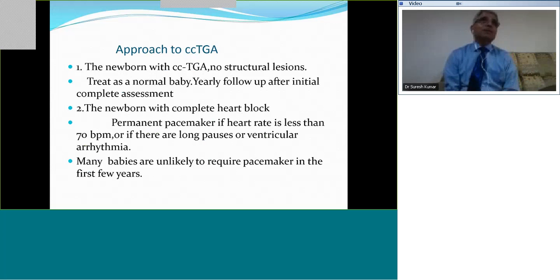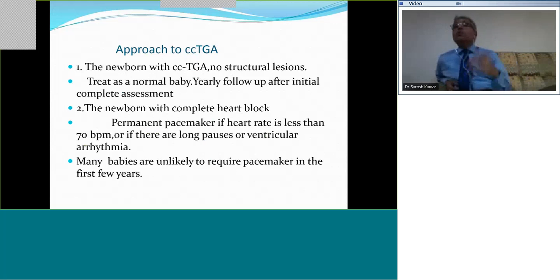But supposing the newborn already has complete heart block, then you need to answer the question, does this baby require a pacemaker? Here you have ACC guidelines and European guidelines which say that a complete heart block along with a congenital heart disease with a rate less than 70 is an indication for pacemaker.